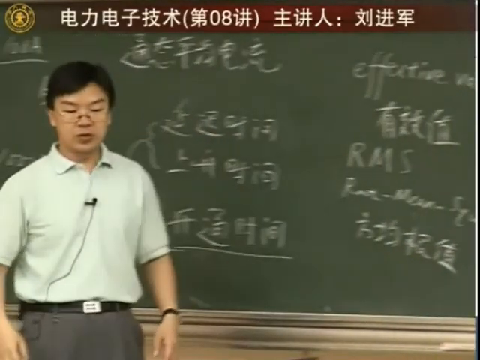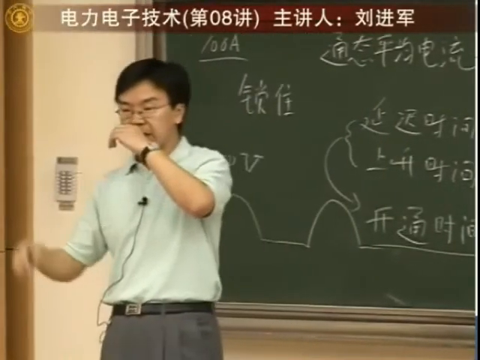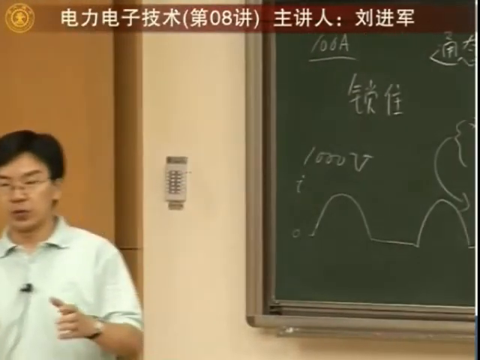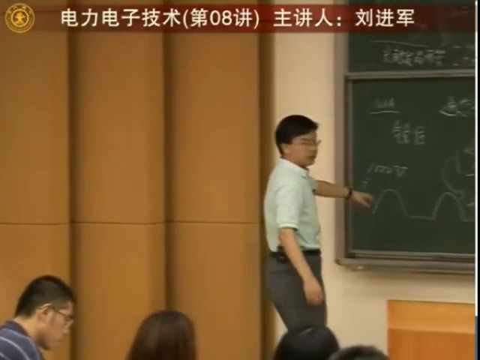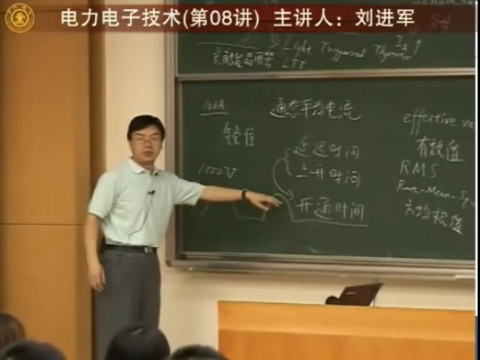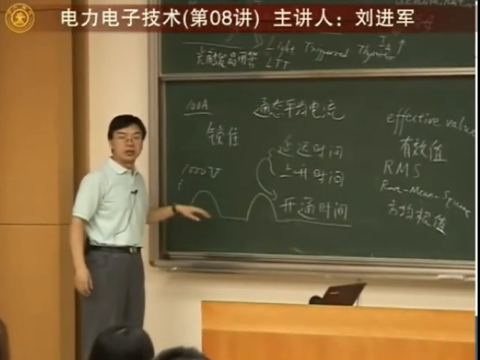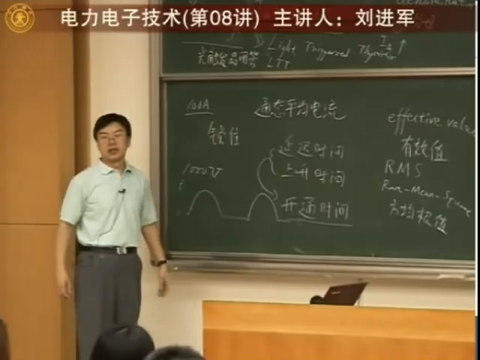Okay, usually when you define a rated current for electric equipment, you use the effective value. But this one is not using the effective value. This one is using the average value, the maximum average value, and with a very special waveform.